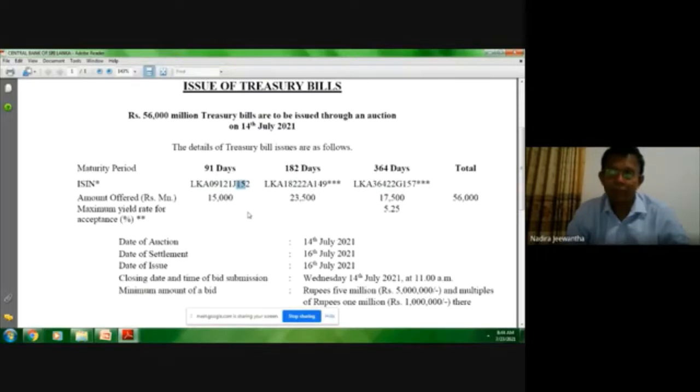From when? From the 16th July 2020. Why? This is the auction date. The 16th is the settlement date. From 16th July 2021, after 3 months, it comes when? 2021, October 15th. Exactly the 91 days.